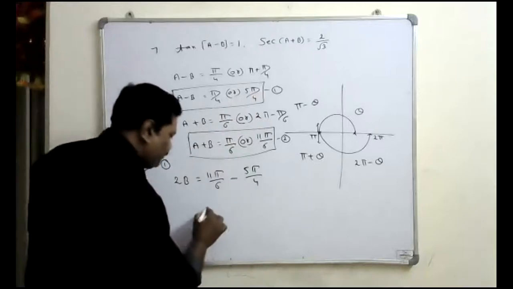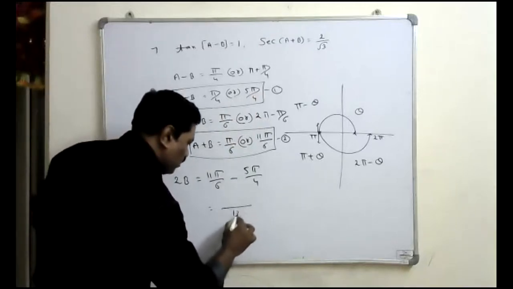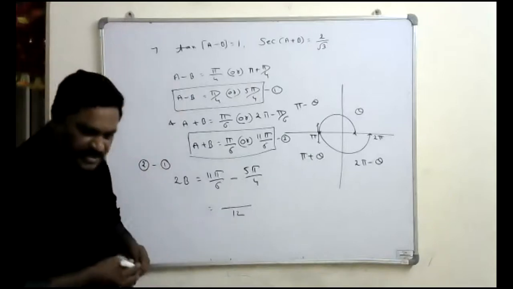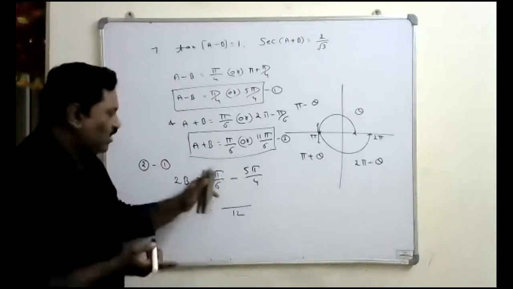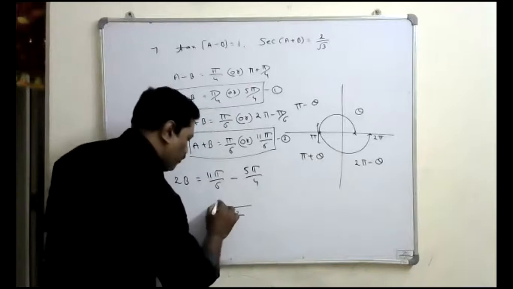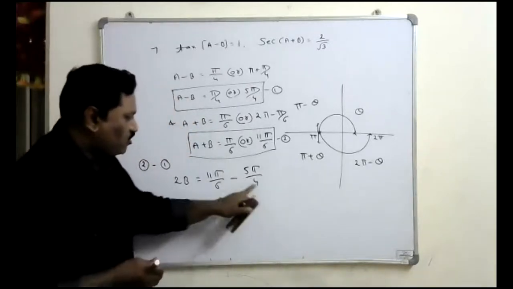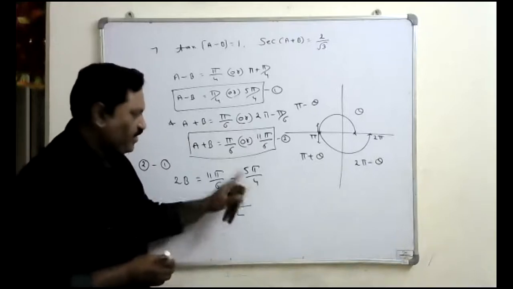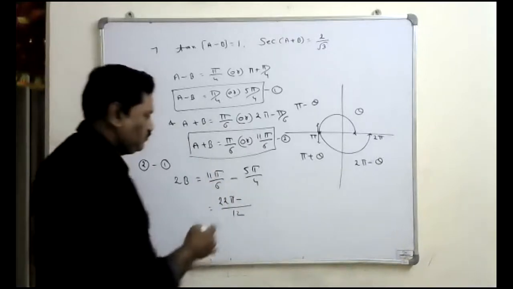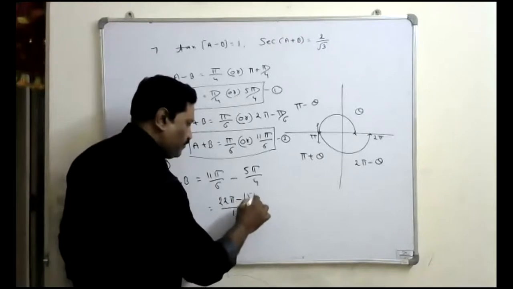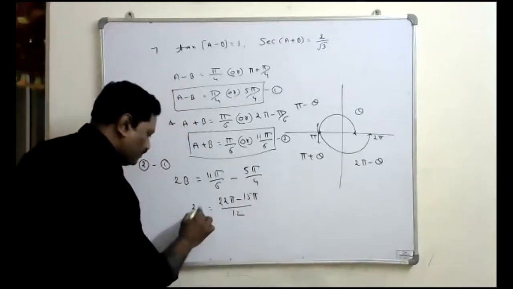Here what is the LCM? 12 is the LCM. 6 2s are 12, 11 2s are 22, so 22 pi minus 4 3s are 12, 3 5s are 15. This is 2b.